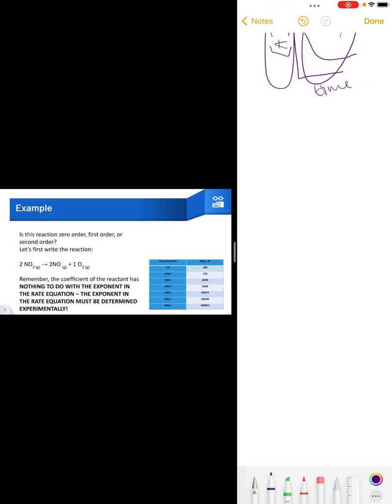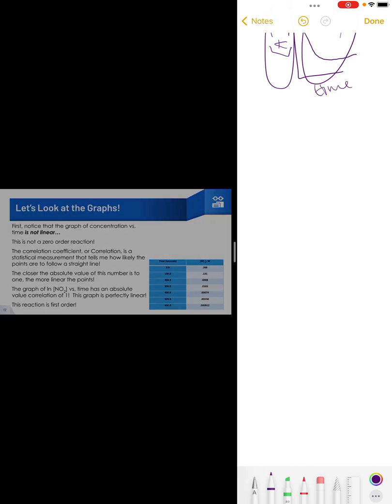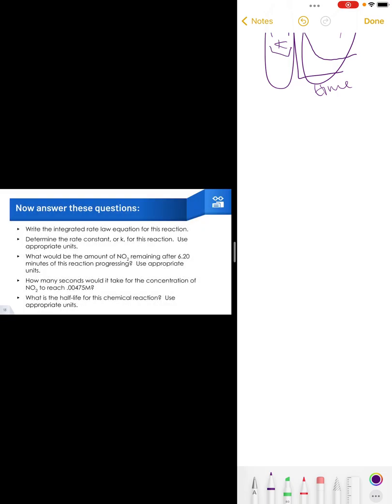The y-axis is really hard to see, but it also says natural log of the concentration. So, according to my rules and my equations, if it's natural log on the y-axis, this is a first order reaction.